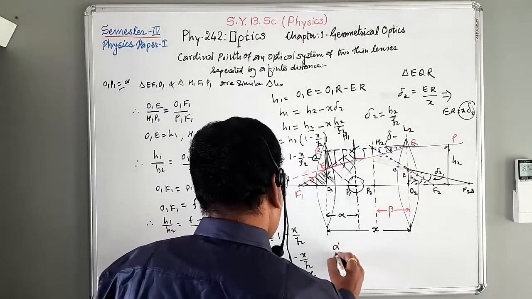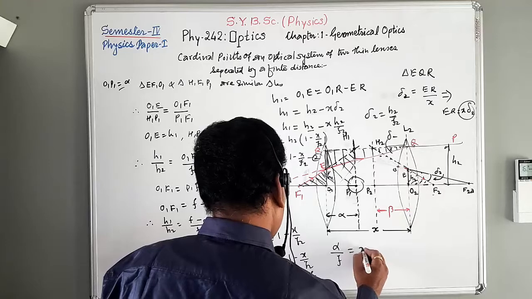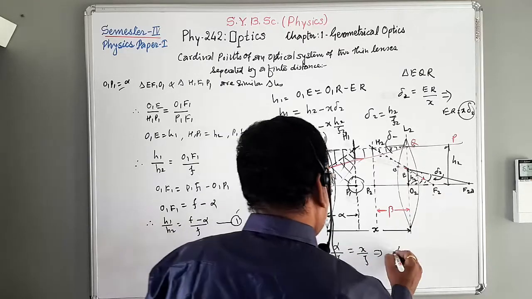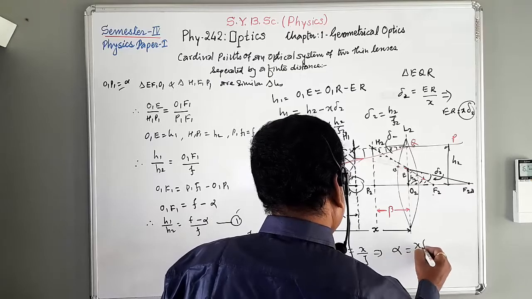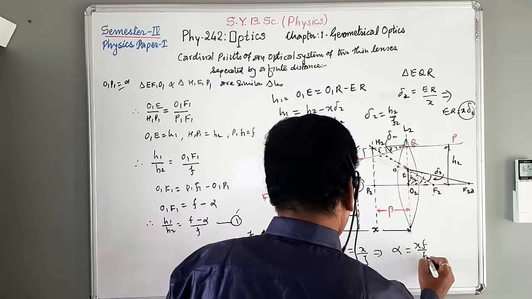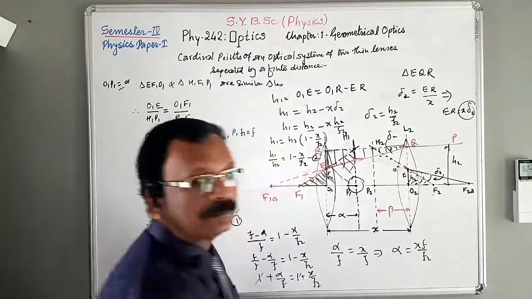So we have alpha upon f is equal to x upon f2, and this gives us alpha is equal to xf upon f2.